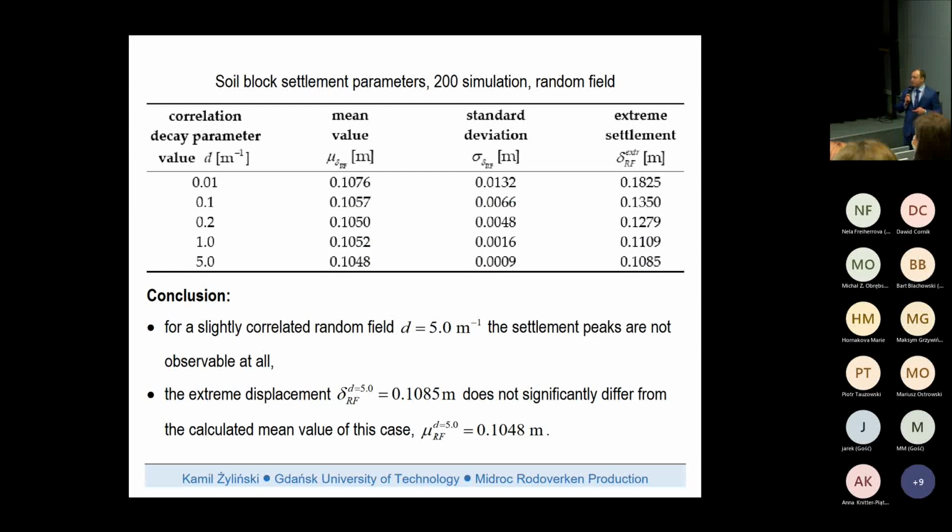But then, to compare if the decay parameter has some impact on the results, we can observe that for the deterministic approach, which is represented by the mean value here, the results are quite the same. But if we consider the standard deviation, which describes the probabilistic approach, we can see a huge difference in the response of the structure by means of probability.